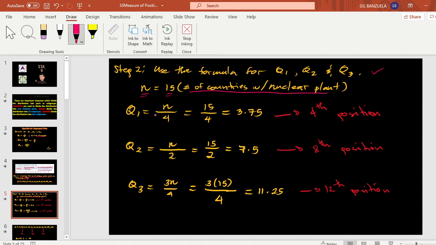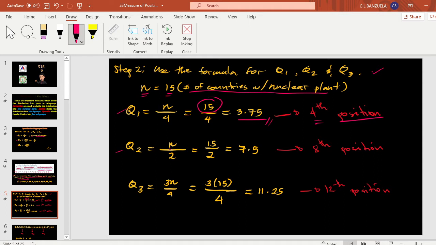To get the quartile 1 position, Q sub 1 is equal to n over 4, where n is equal to 15, so 15 over 4. Plugging that into your calculator, you arrive at 2.75, or simply the 4th position.